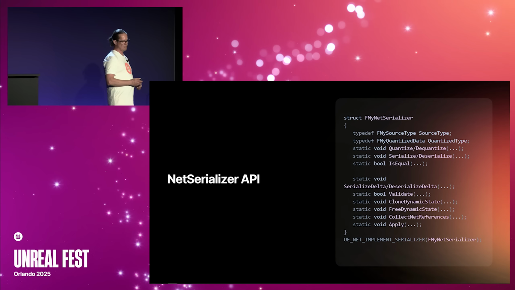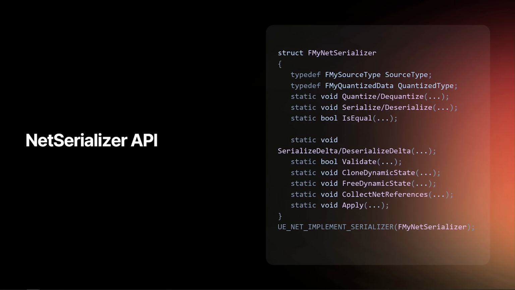Clone and free dynamic state, that is in the case if you have dynamic memory allocations in your POD data. Since we need to clone and free baselines, these are needed. And collect net references if you have object pointers and such. We need to be able to call OnReps when they're finally resolvable on the receiving end.